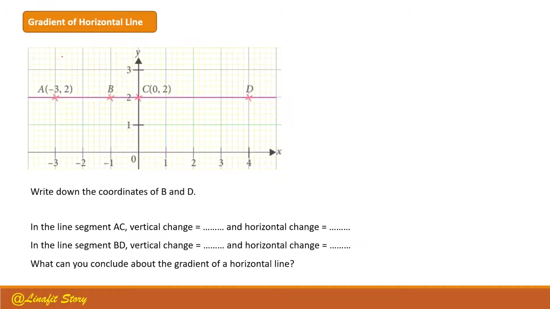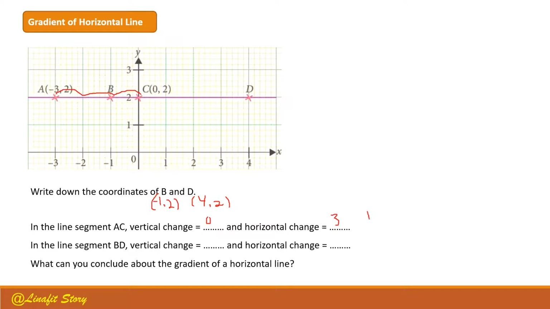Gradient of a horizontal line. Look at this graph. There are points A, B, C, and D. Write down the coordinates of B and D. B is (-1, 2). D is (4, 2). In the line segment AC, vertical change is 0 and horizontal change is 3.